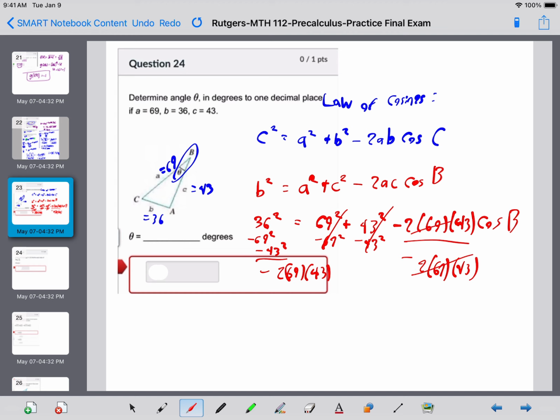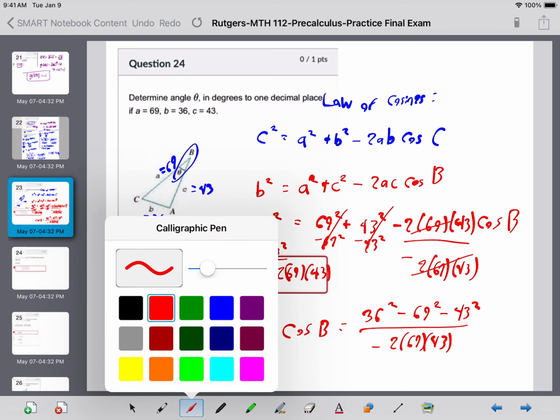Okay. So I have cosine of b equals 36 squared minus 69 squared minus 43 squared over negative 2 times 69 times 43. If I want, I could actually get rid of the negative, right?